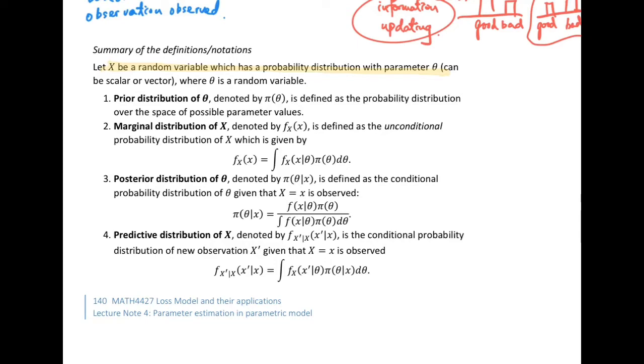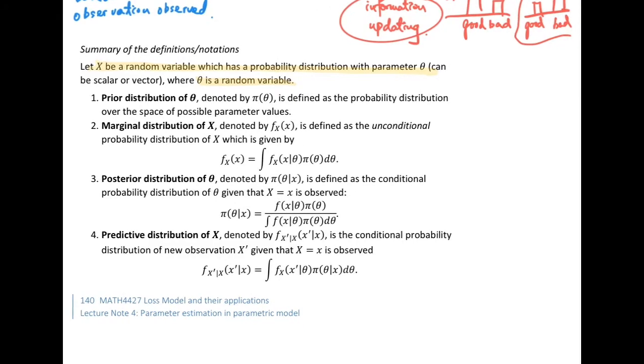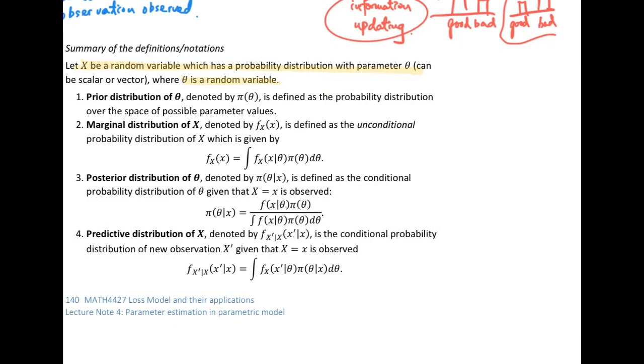In general, this theta can be a single parameter or multiple parameters, just like the lognormal or gamma. We assume that this theta is a random variable. Now, when we try to estimate the lambda under this Bayesian estimation.